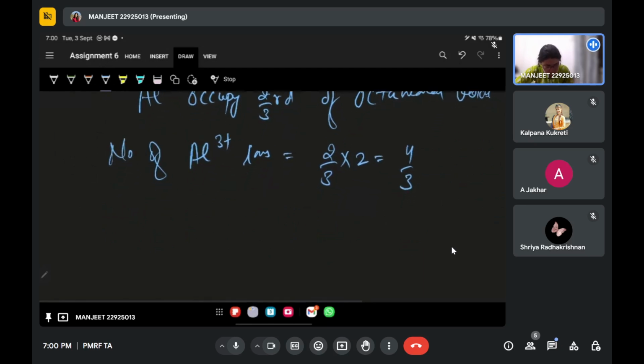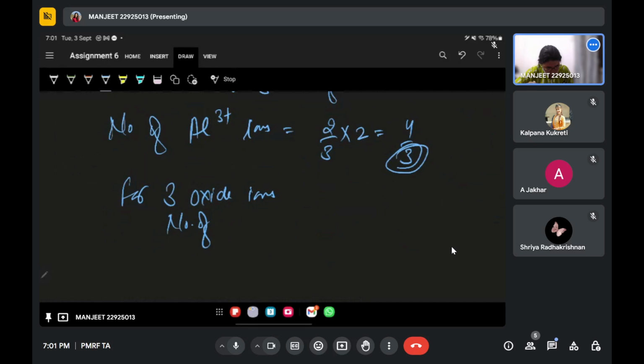So number of the oxide ions, if I make it simpler, let's consider 3 oxide ions. For the 3 oxide ions, the number of octahedral voids will be 6.